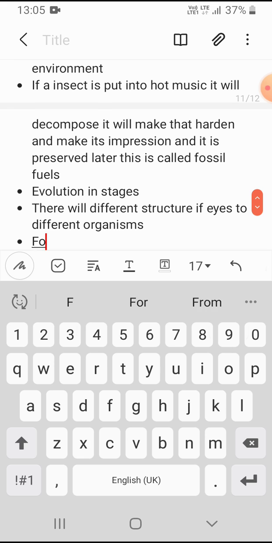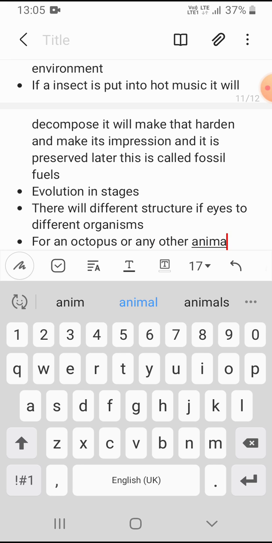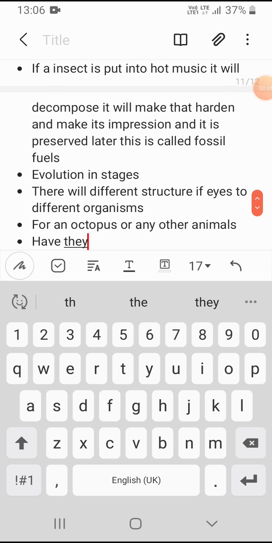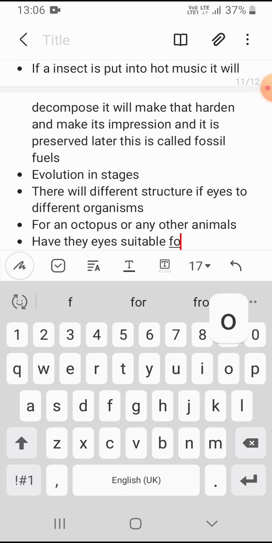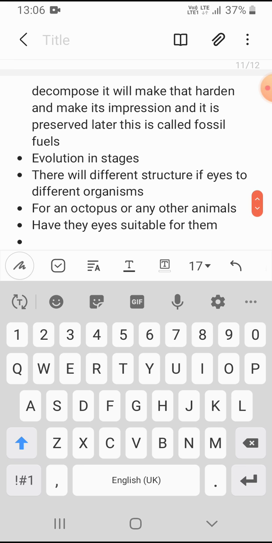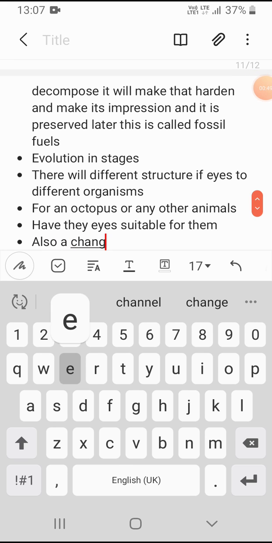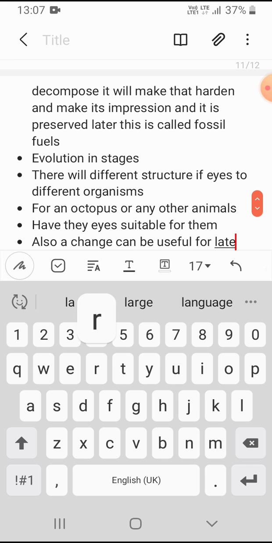For an octopus, birds and other animals, the eyes are suitable for them, and that shape of the eyes will be there. Also, a change can be useful later.